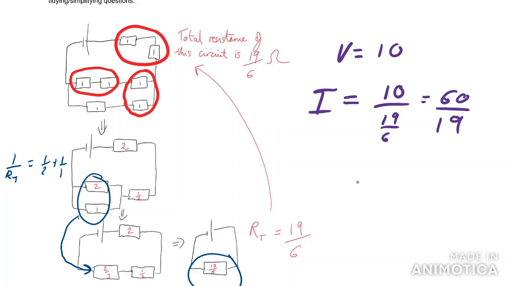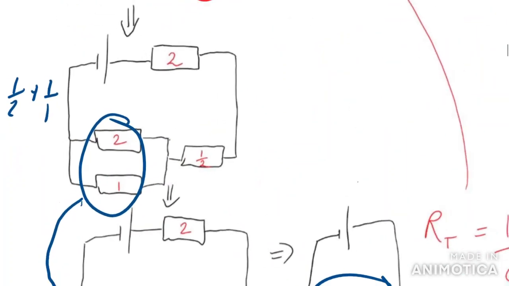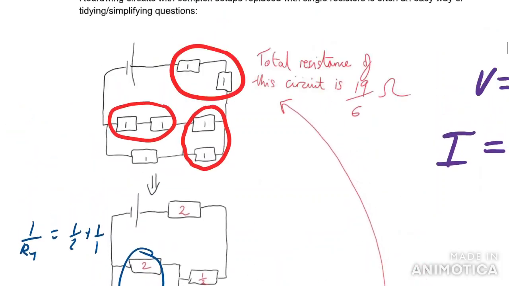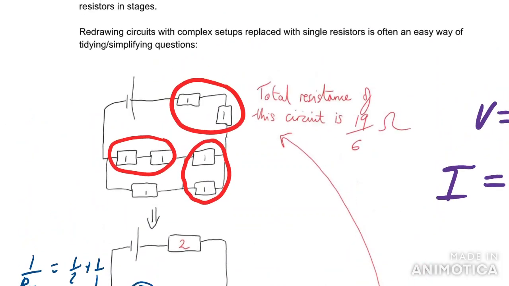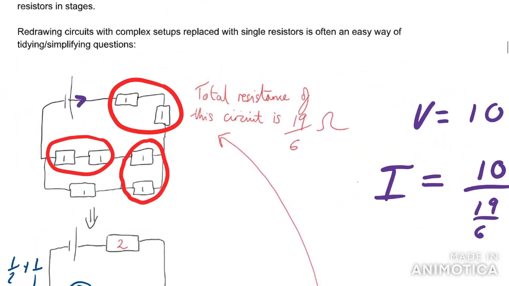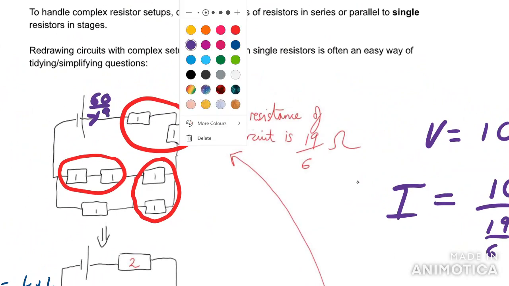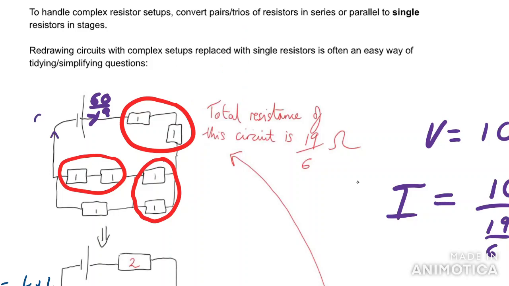And when we say total current flowing in the circuit, what do we mean? As you can probably imagine, the current is going to be splitting all over the place with this setup. So when we say total current, we actually just mean the current before it's split. That is 60 over 19. So we've got 60 over 19 there, and also 60 over 19 current coming back in at the end.